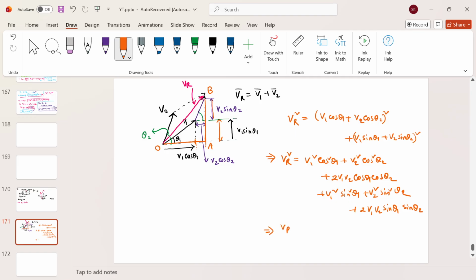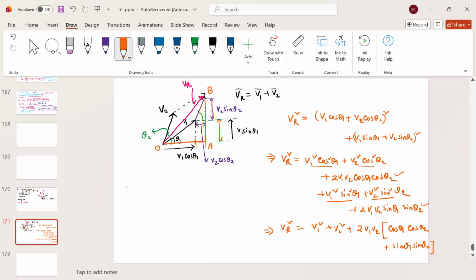So from here, this one and this one will make V1 square, and this one and this one will make V2 square, plus if you take 2V1 V2 common, you will get cos theta 1 cos theta 2 plus sin theta 1 sin theta 2.